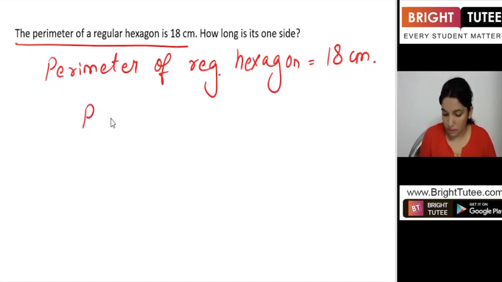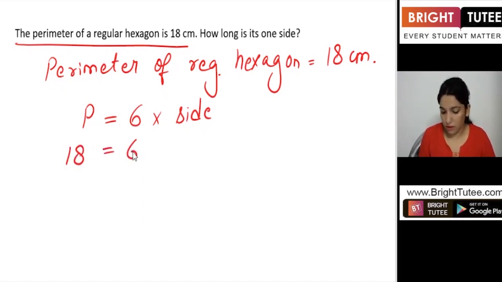We know the perimeter formula corresponding to the regular hexagon: a hexagon has got 6 sides. So it is 6 times the length of each side, right? Now we know the value of the perimeter, so we put 18 for perimeter. Here we have got 6 times the side. In order to calculate the side, can you think, 6 times what number gives you 18?